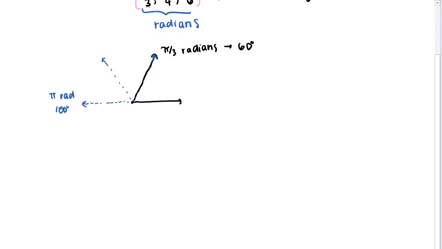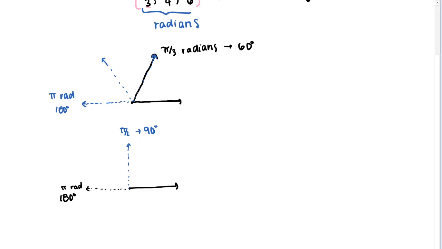What about pi over 4? So again, pi corresponds to 180 degrees. We already saw earlier that pi over 2 corresponds to 90 degrees. And so pi over 4 is just half of pi over 2.